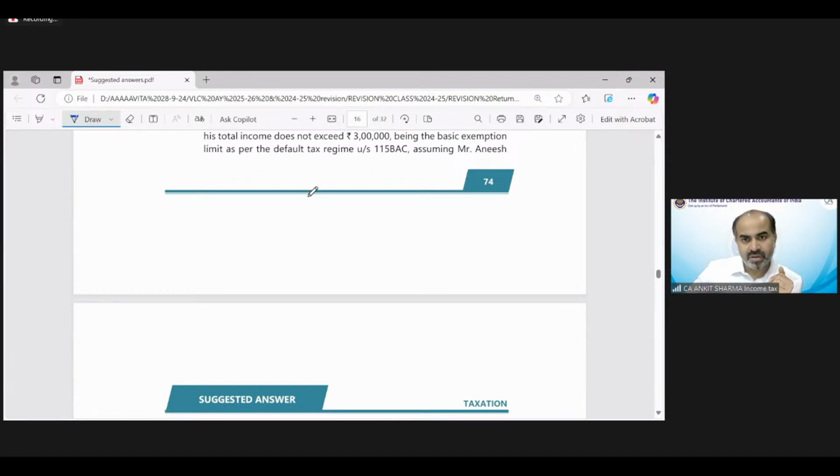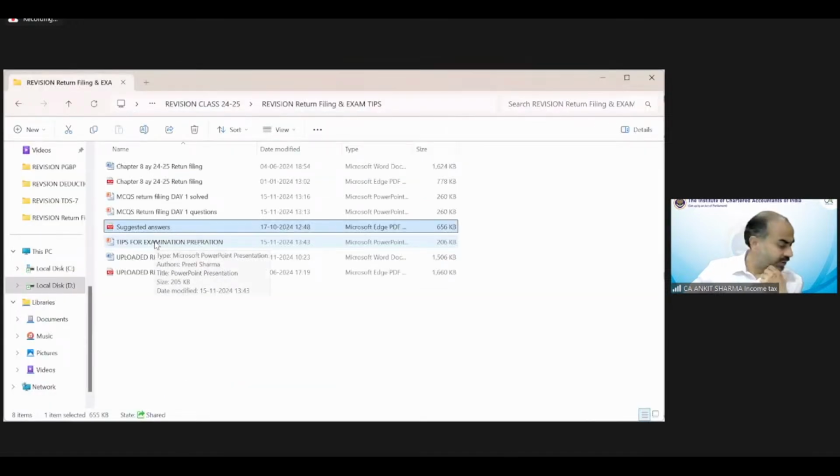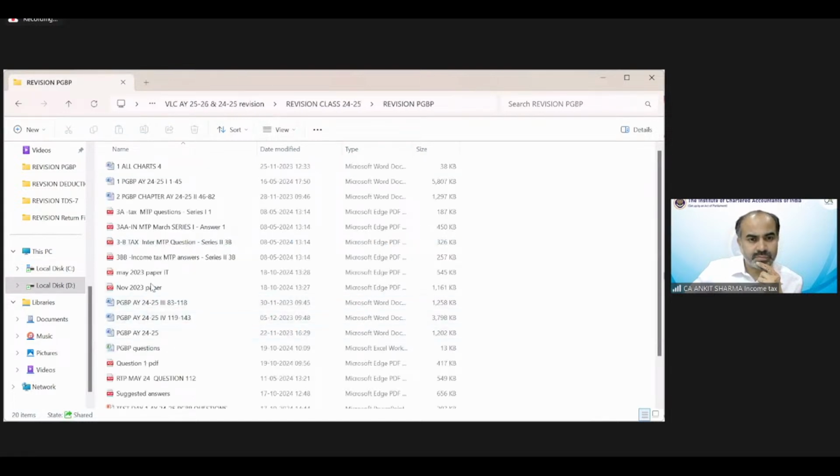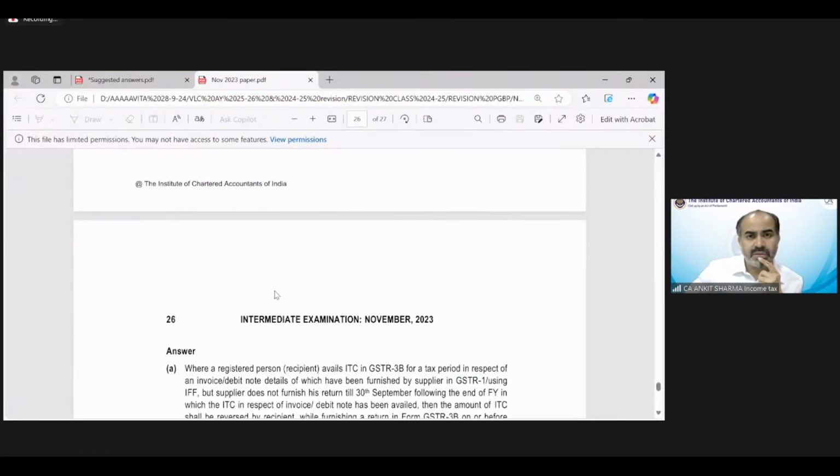Let me share that also with you. For November 23, page number 15.